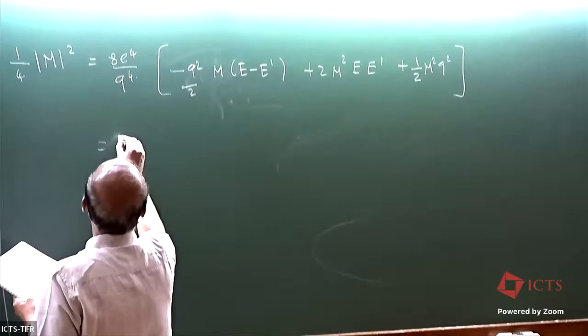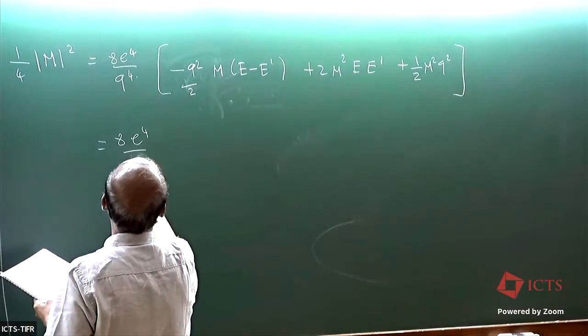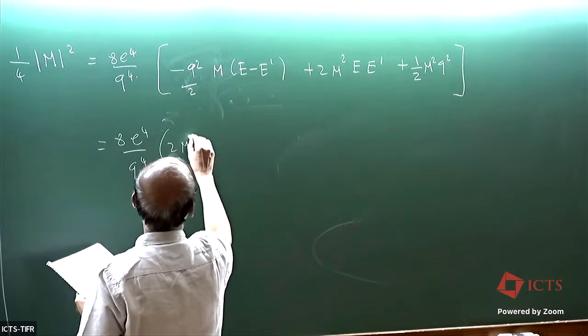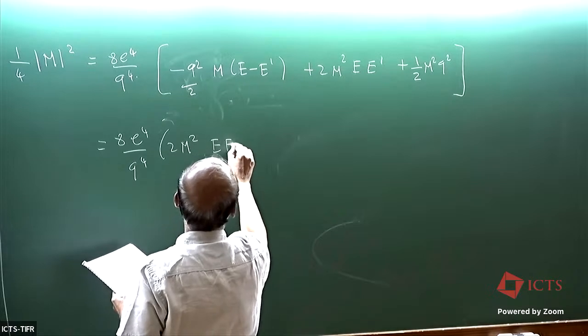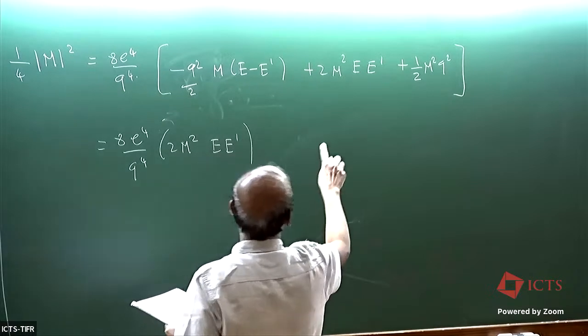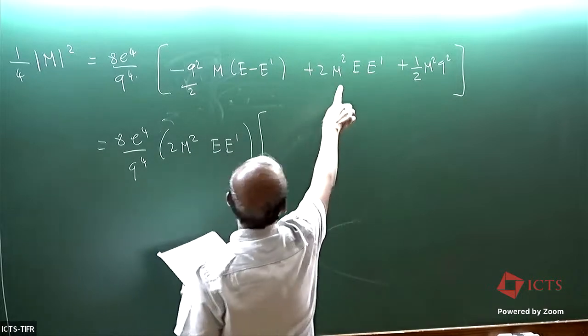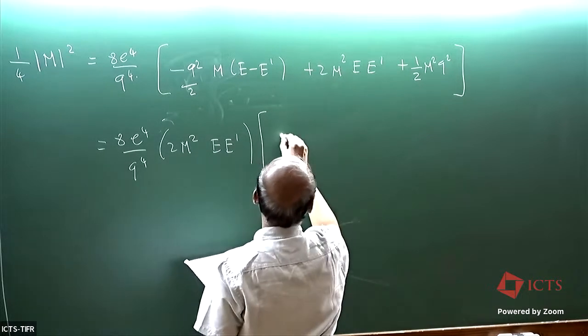For that, let me also do a little bit of algebra. I pull out 2m square into (E minus E prime). The second term here, I can do that. If I pull this out, this term becomes 1.